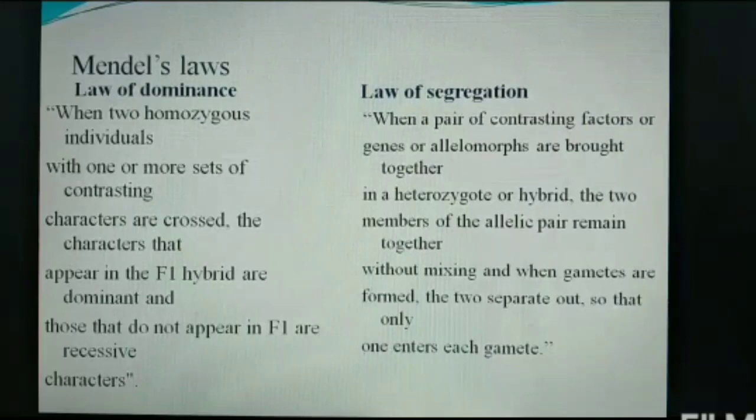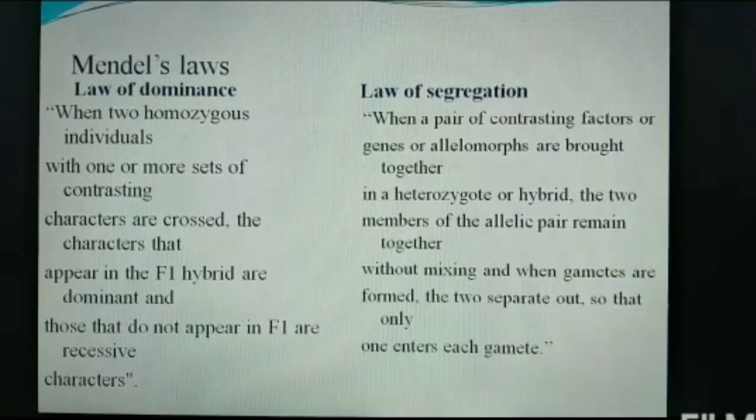In the monohybrid experiment, the tall character is the dominant trait. Yes, all the offspring were tall. So in the F1 generation, dwarf characters were suppressed. The dwarf characters did not express. So the character which is expressed in the F1 hybrids is dominant and those that do not appear or do not express in the F1 are recessive.